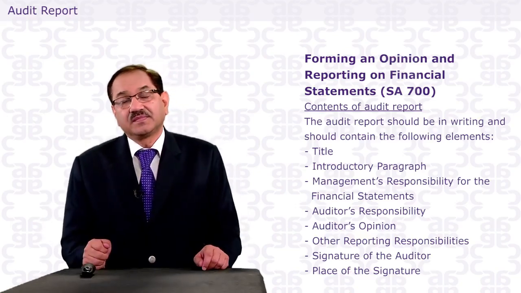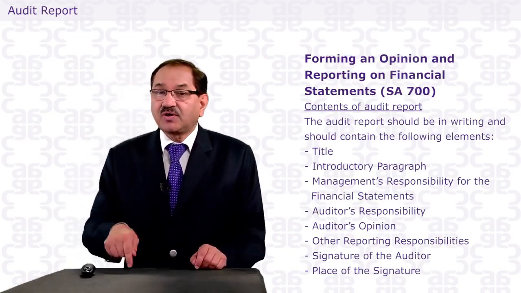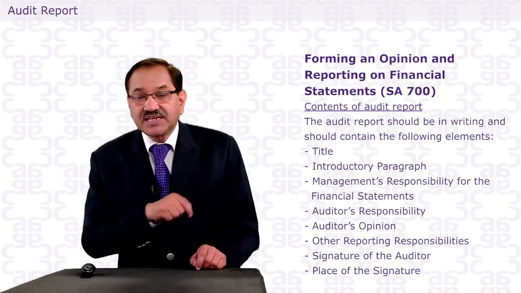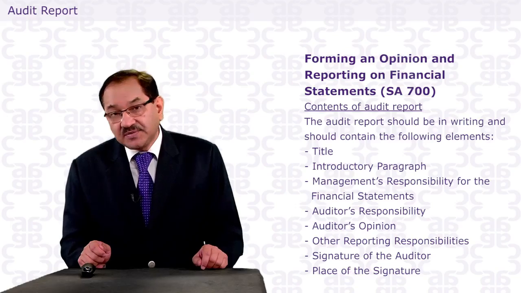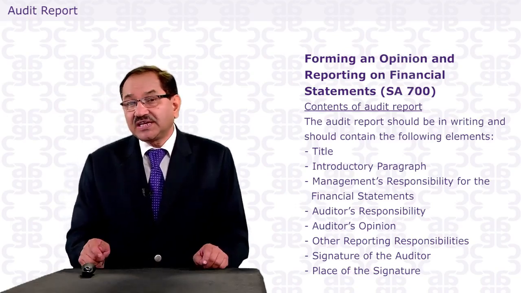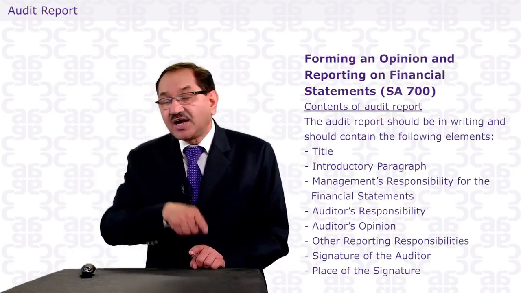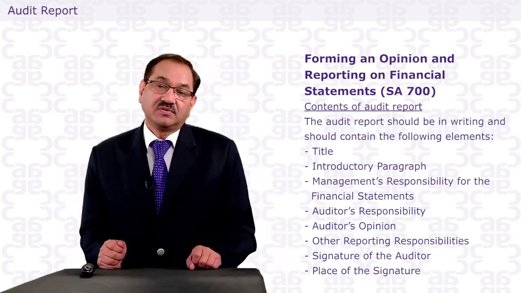He has to consider, is there any important event which has taken place from 25th of June to 30th of June? Because he is responsible for all subsequent events, he has to report any material, significant subsequent events which have taken place from the reporting date up to the date of signing the report.